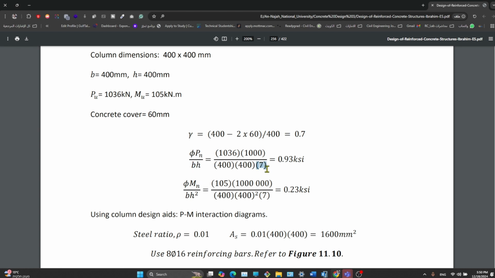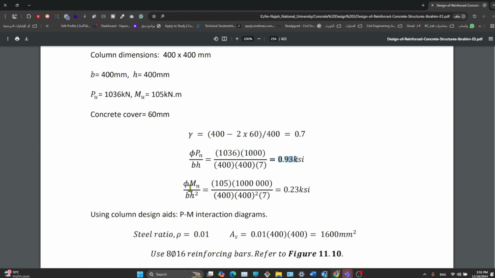Why 7? Because we need to convert from megapascal to KSI. The idea is that we have a factor of 7. So we compute it in Newton and divide by 7, so simply multiply by 1000 over 7, and we get KSI.